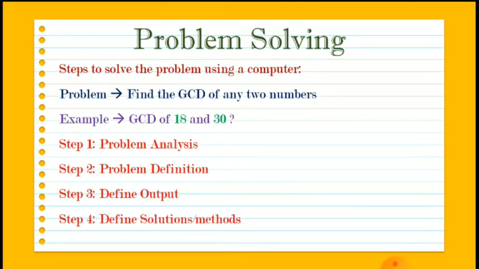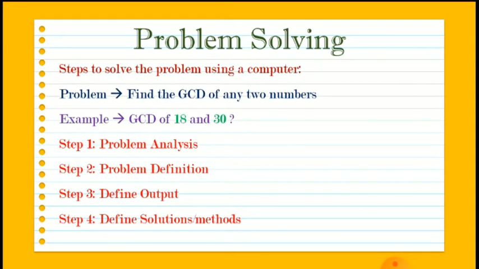So the fourth step is define solutions or method. Here you have to choose a suitable solution or method to find the expected output. To find GCD, there are a number of methods or solutions. By using one of these methods, you can find the GCD.